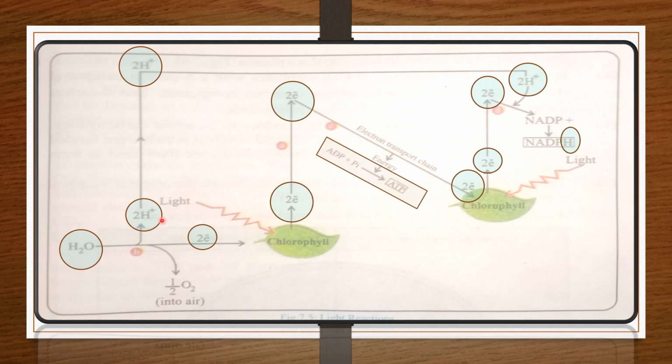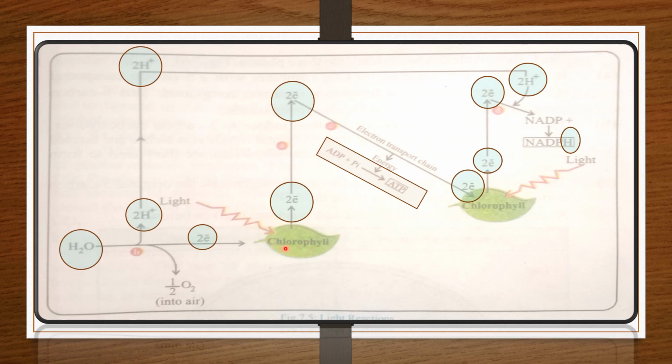Here you can easily see H2O, and this is chlorophyll. The whole light reaction we will understand here. You can say this is the leaf of a tree. There is chlorophyll present in this leaf. Light comes, strikes the surface of the leaf, and is absorbed by the chlorophyll.